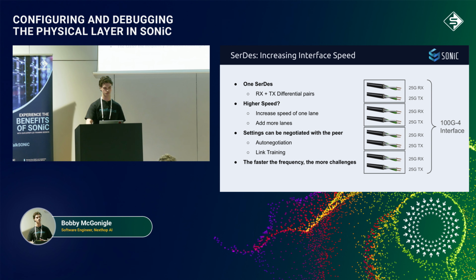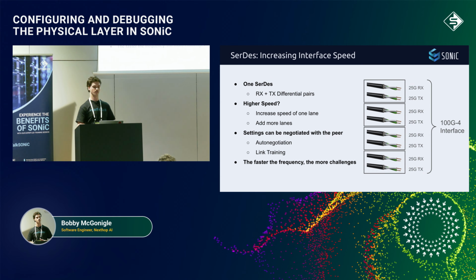Once we understand that SerDes are just an RX and a TX pair, there are 2 ways we can make it faster. We can increase the speed of the lane, or add more lanes. With different generations, we've done that along the way, or a combination of the two. But these SerDes just aren't static.